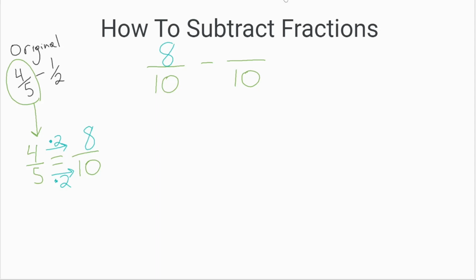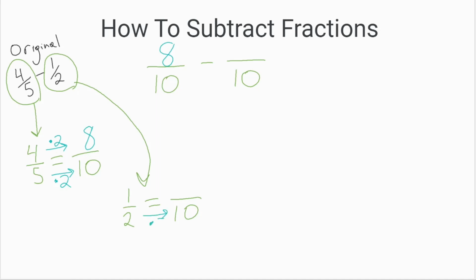I need to do the same exact thing for the other fraction. So we have 1/2, which I'll bring down over here. Similar process, finding my new numerator. Ask yourself, how did we get from 2 to 10 through multiplication?